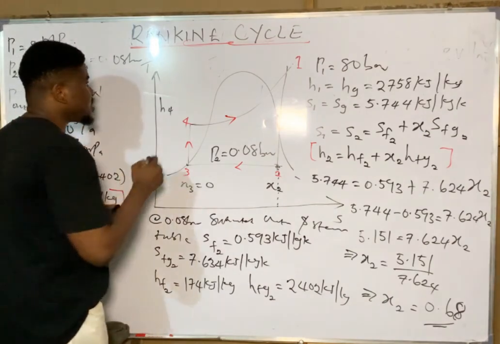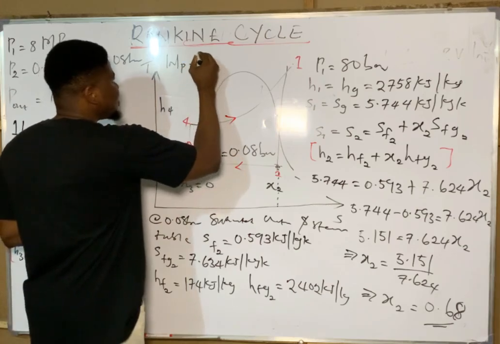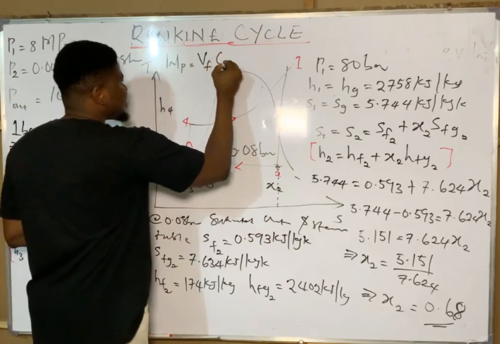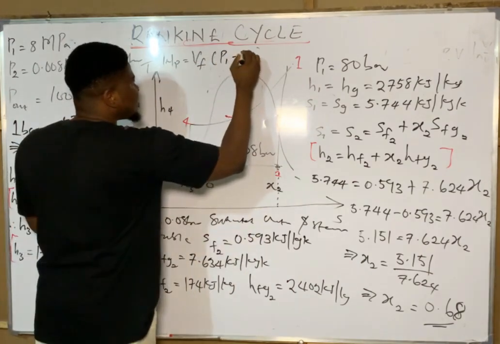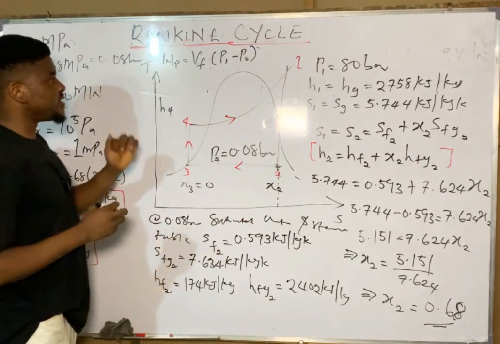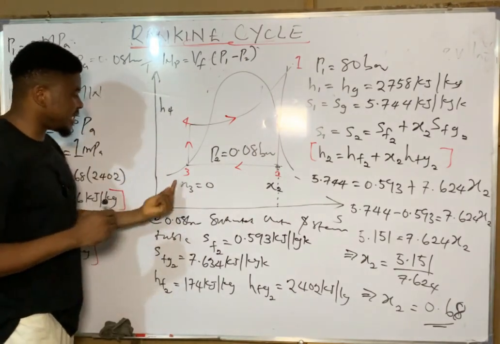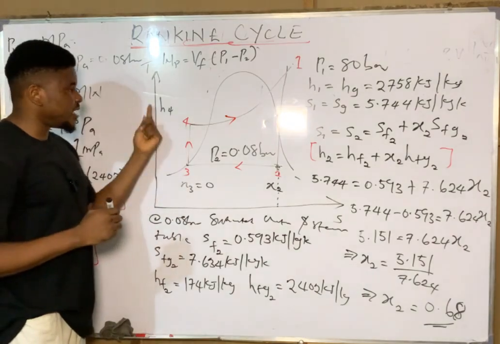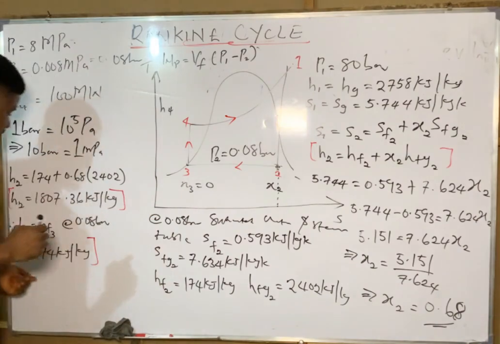The pump work equation, WP, is equal to the volume in the fluid region multiplied by the change in pressure. And that change in pressure becomes P1 minus P2. That's the difference in pressure. If you have this, you can find your H4 because pump work relates to the enthalpies at state 3 and state 4. Enthalpy at state 4 is H4, enthalpy at state 3 is H3, which we found here.